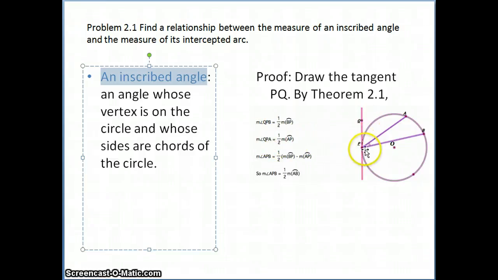So that's the second statement here. Angle QPA, this angle formed by the tangent and the chord PA, is half of the measure of arc AP.